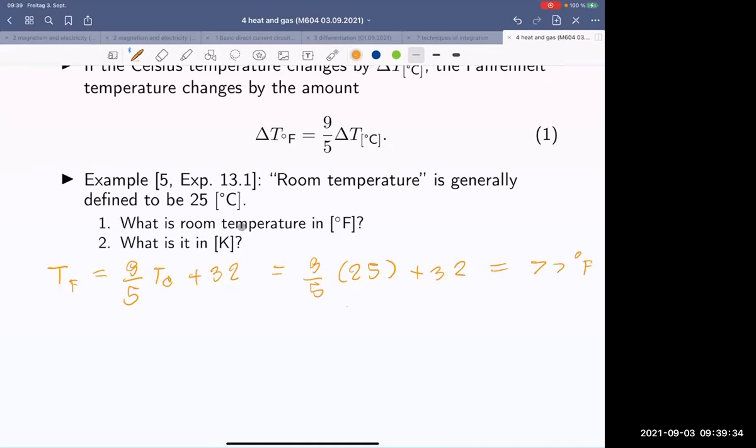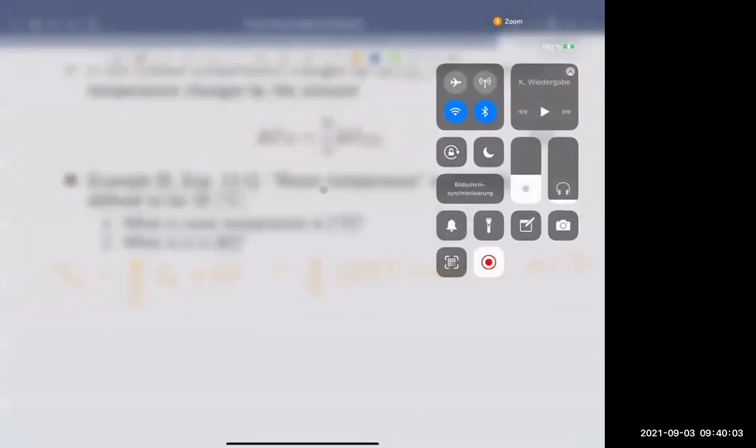What I forgot to mention is the following. Both Fahrenheit and Celsius scales would have a small circle in front of them.